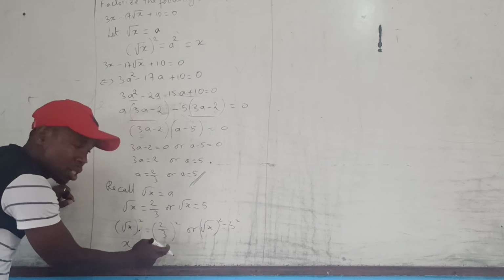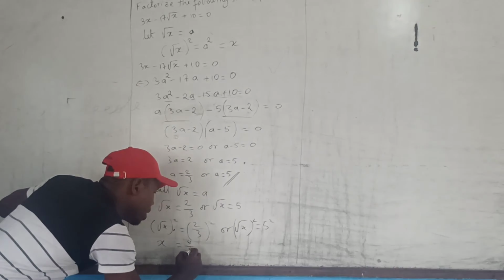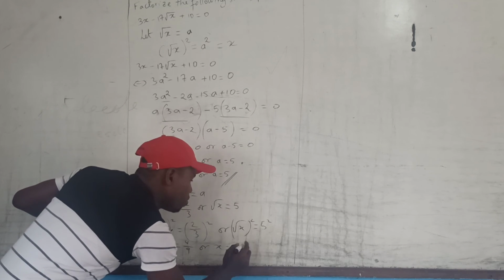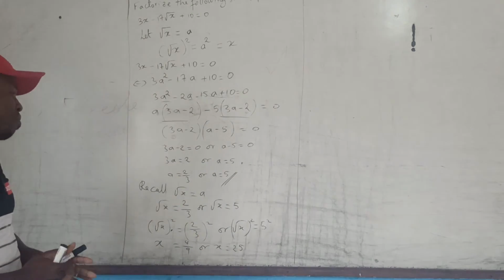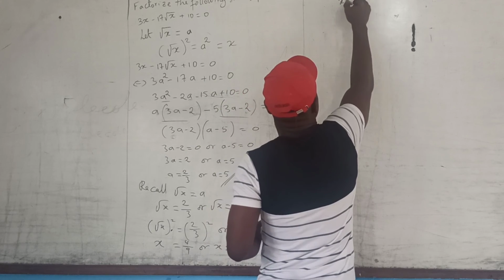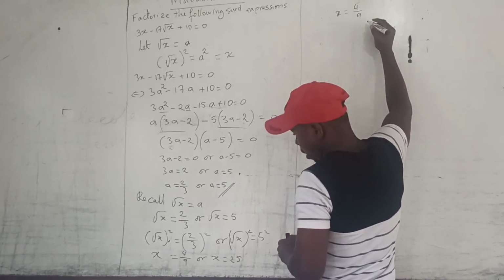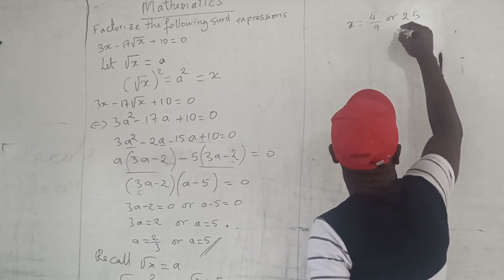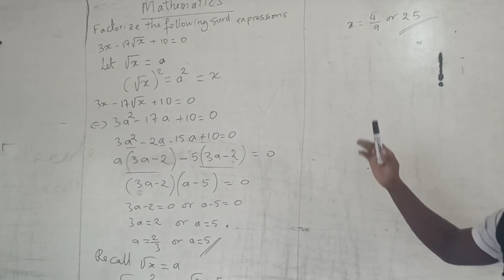That means 2 square and 3 square. So 2 square is 4 and 3 square is 9. Or x is equal to 5 square, which is 25. So now we are at the final result. So we can now write therefore x is equal to 4 over 9, or 25. So these are the two results for our x.